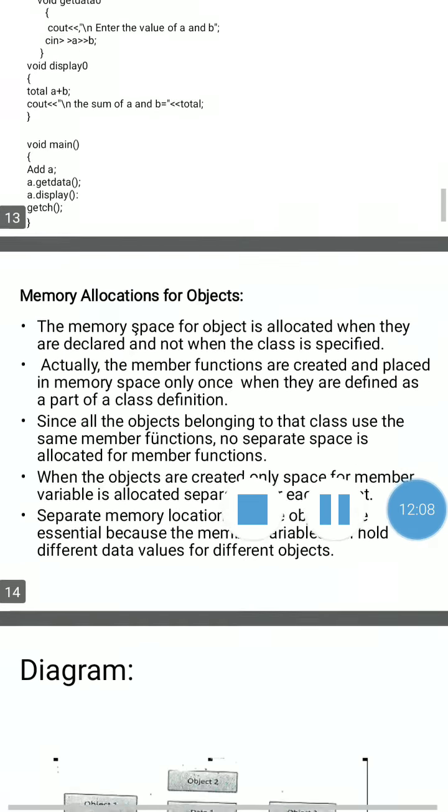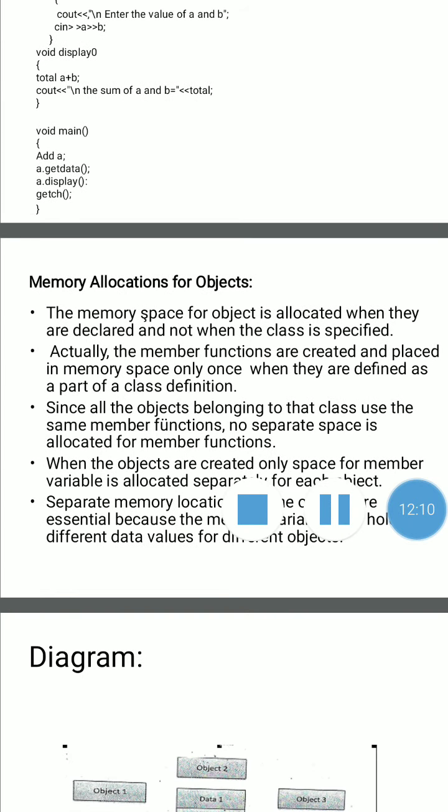But the most important thing is that for member functions, memory is created only one time. I repeat it again. For member functions, memory is created only one time, not separately for every object.